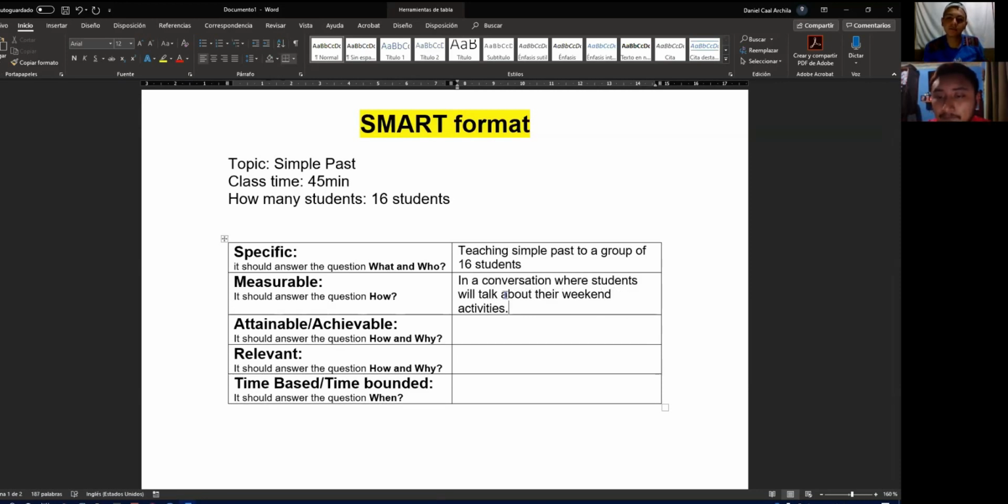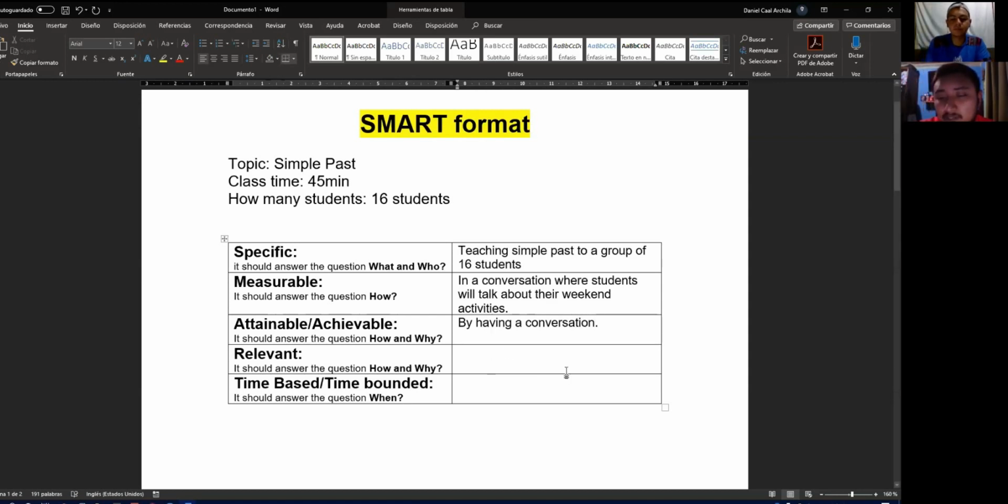Okay. Now, how we are going to make this objective achievable will be on a way that they will be sharing. We will be making this achievable just by having a conversation.